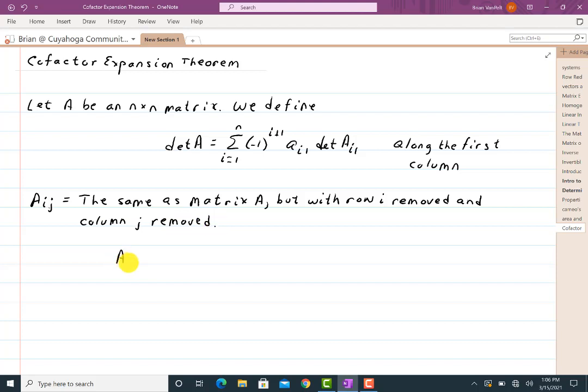So A_ij is an n minus 1 by n minus 1 matrix.